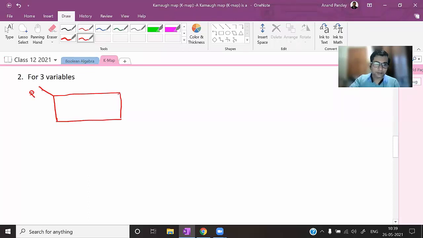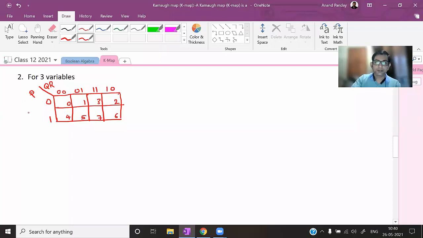Here P, Q, R. Just draw this one. Here 0, 1. Here 0, 0, 0, 1, 1, 1, 1, 0. Then here 0, 1, 3, 2, 4, 5, 7, 6.